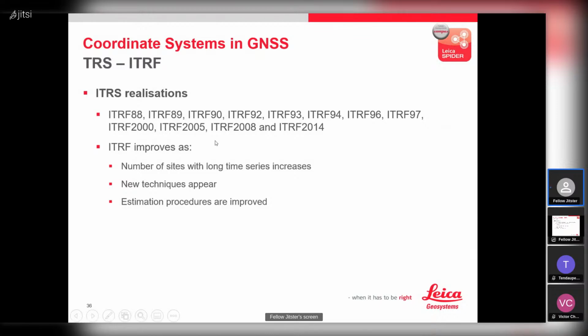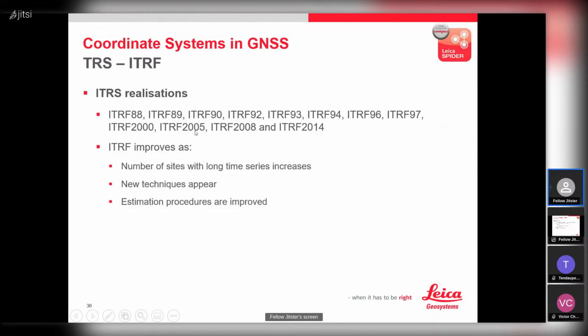In the last years, I would say specifically from ITRF 2005 or ITRF 2008, the differences between realizations are very, very small. So it looks like we have reached some sort of limit, and this is why the latest realizations are more widely separated in years.